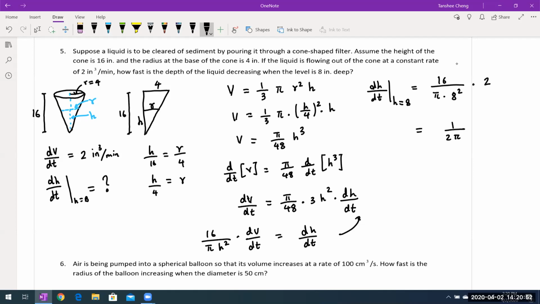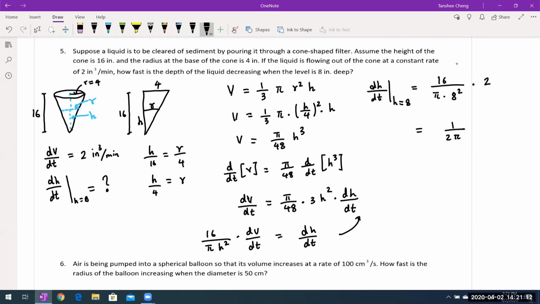So in this case, even though I don't have a negative sign right there, we know that the rate of change in the volume is liquid flowing out. Therefore, the depth of the liquid is also decreasing.